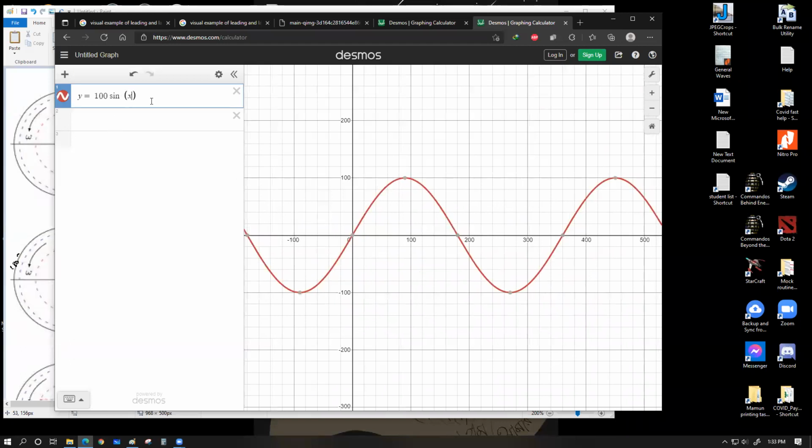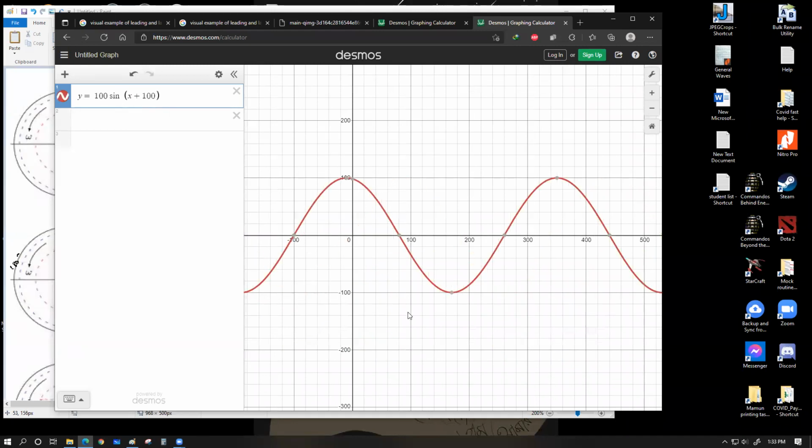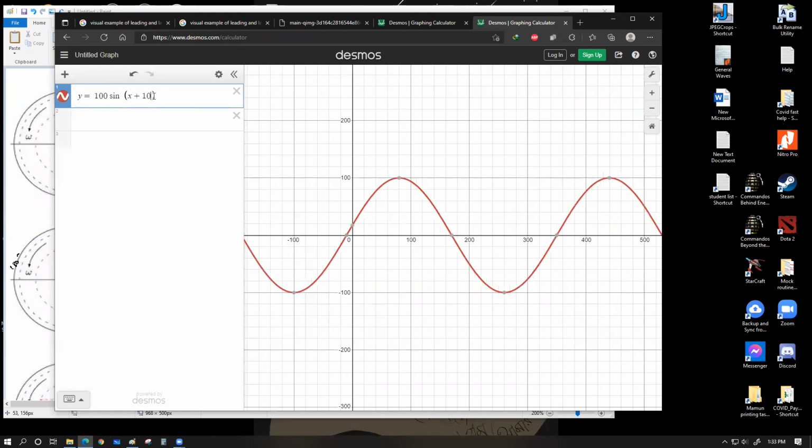Now, if I want to change this graph, let's say if I write x plus 100, you'd see that this starting point has gone left by 100. If I write 1, you have it moved a little bit. If I write 10, it is moving a little bit more.